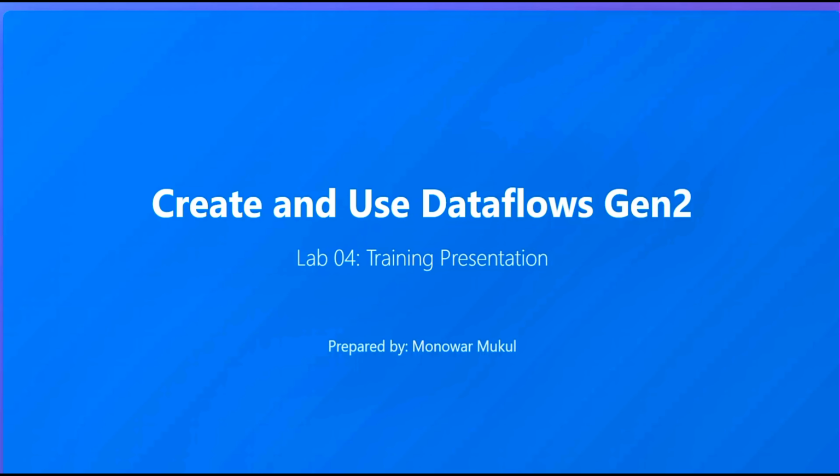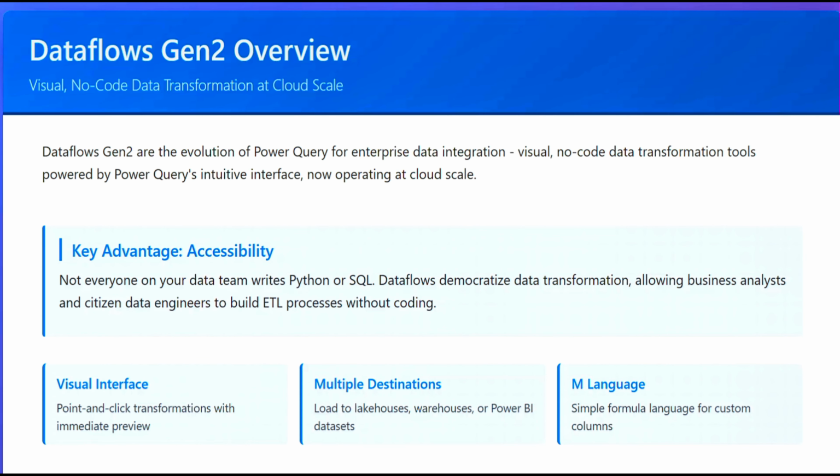In this lab, we'll focus on Dataflows Gen2 in Microsoft Fabric. If you're familiar with Power Query from Excel or Power BI, you already know Dataflows. They are the usual no-code data transformation tool powered by Power Query's intuitive interface, but now operating at cloud scale.